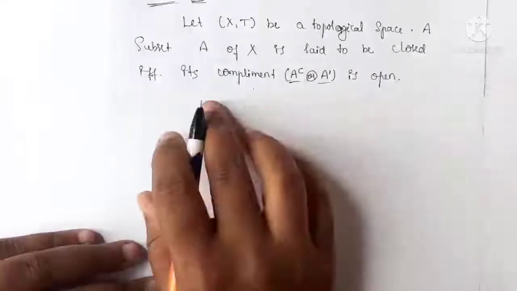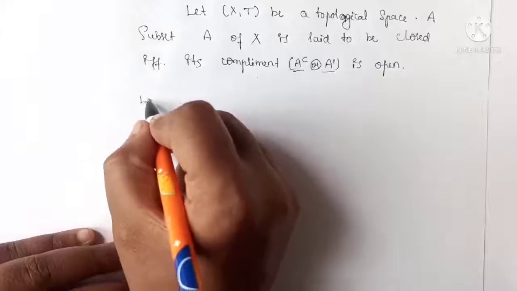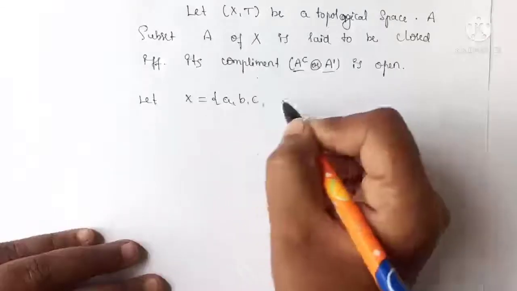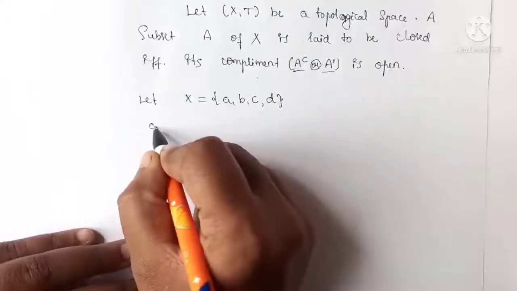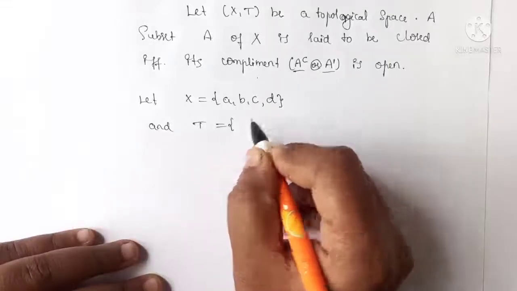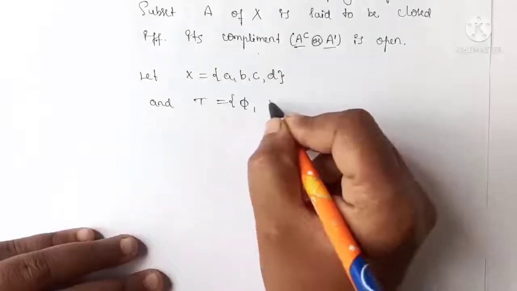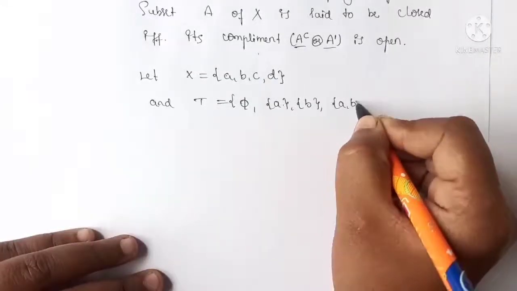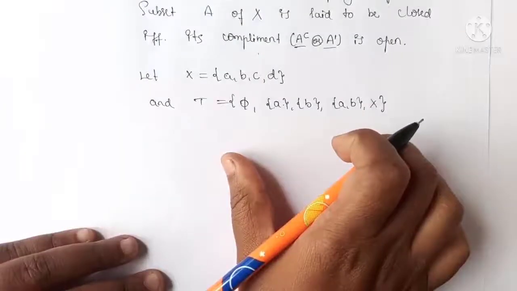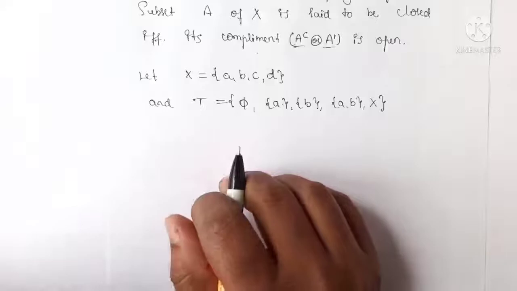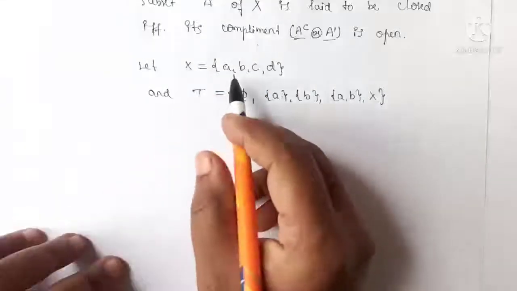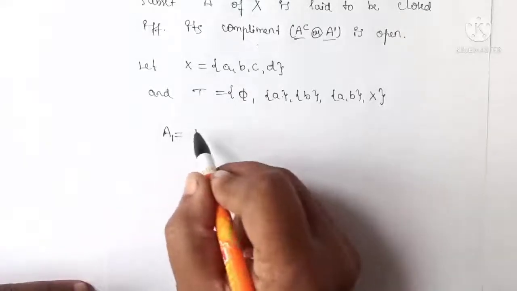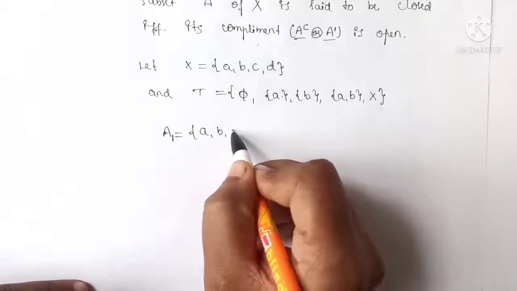So that means, for example, let X be a set and T be a topology on X, that is phi, {A}, {A, B}, and X. So this is a topology on X. Now if you take any subset of this X, for example, I will take A1 is equal to {A, B, C}.